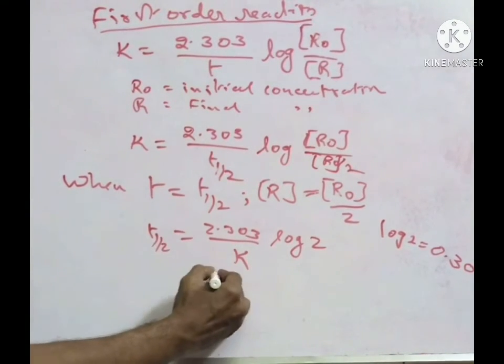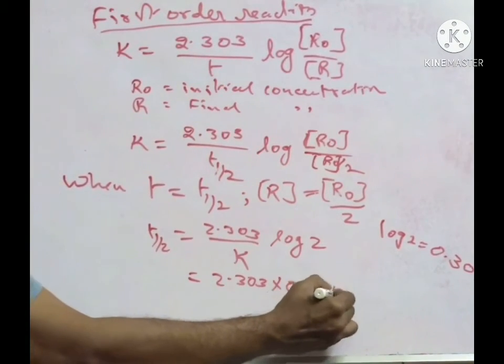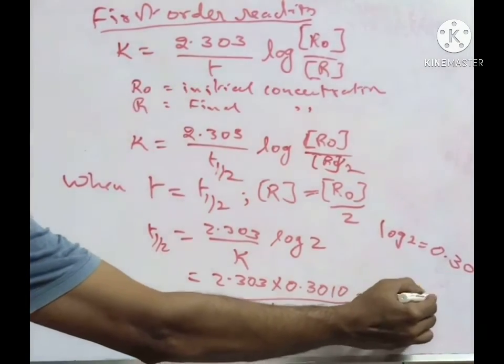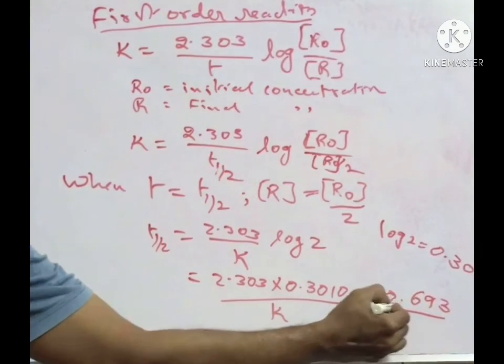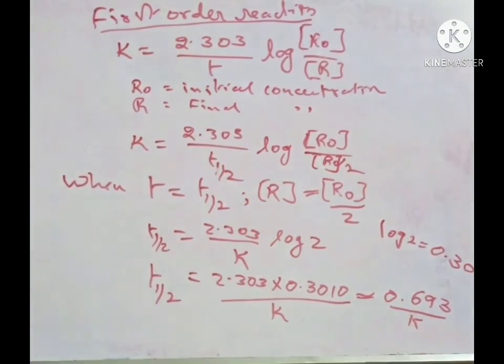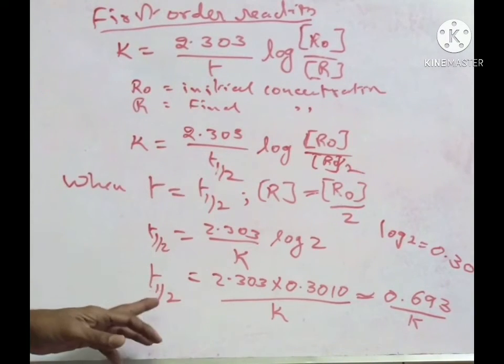So now this becomes 2.303 into 0.3010 by K. This becomes 0.693 by K. That is equal to T 1 by 2 of a first order reaction.